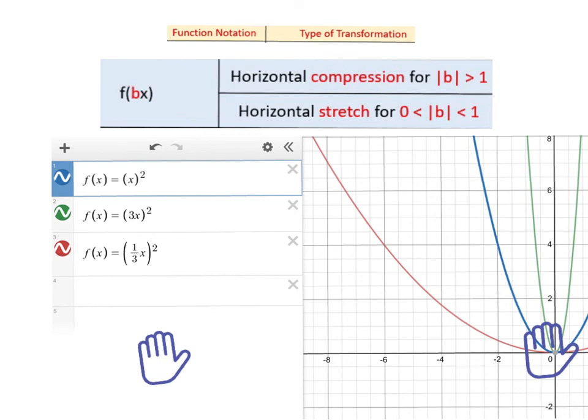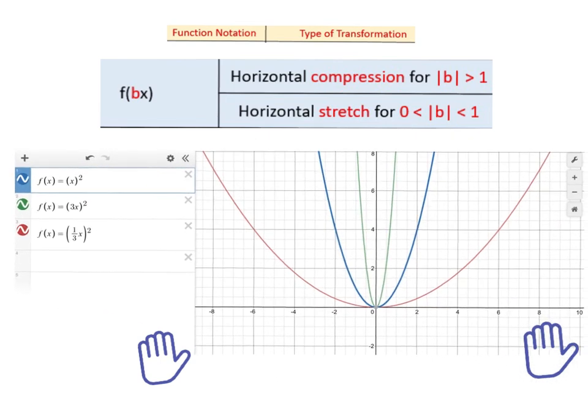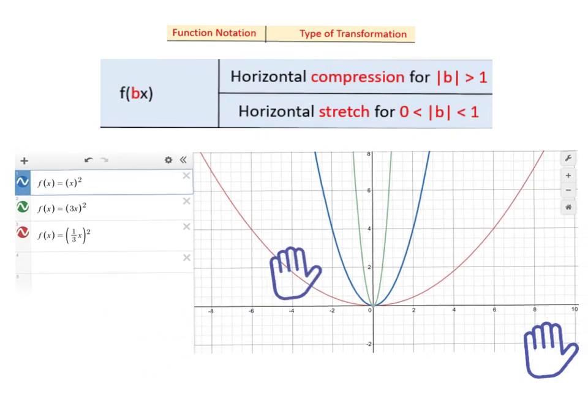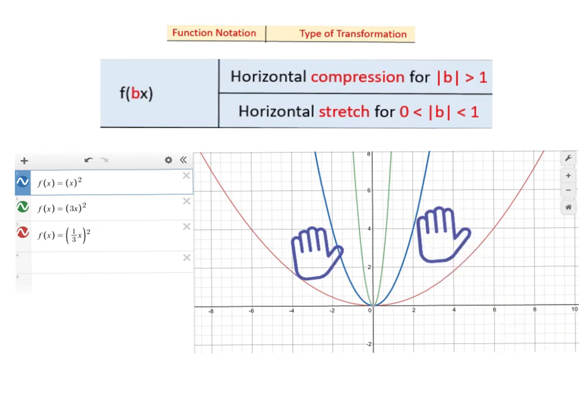Let me show you what those mean. I'm going to use these hands here. Again, the original in this diagram from Desmos is the blue one. Inside the parentheses, if I make that a 3, which is a number greater than 1, it's going to be a horizontal compression.